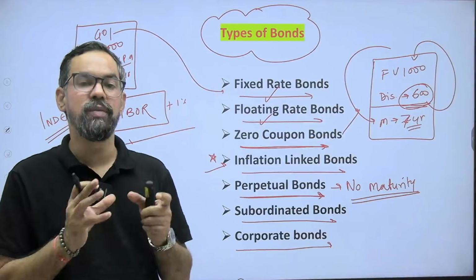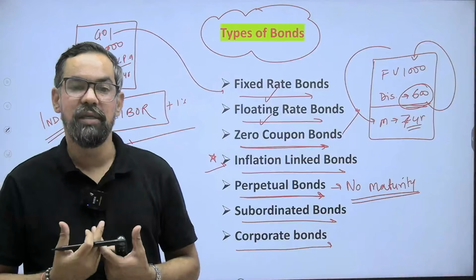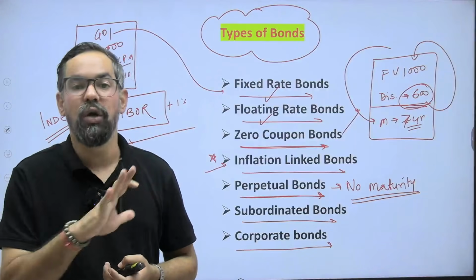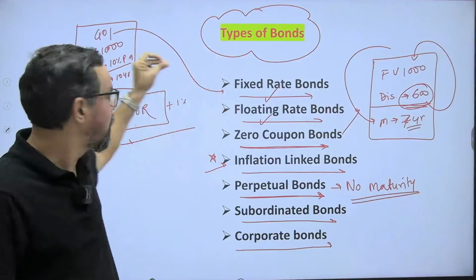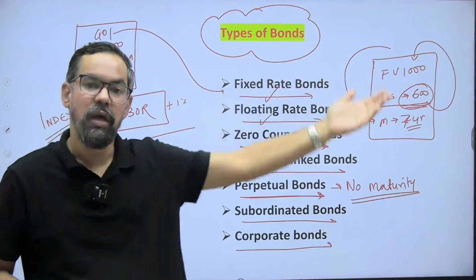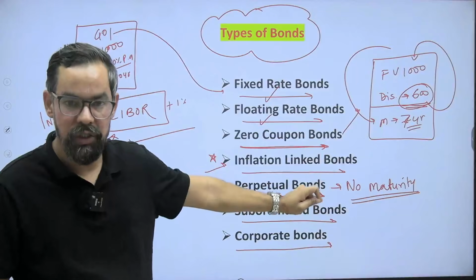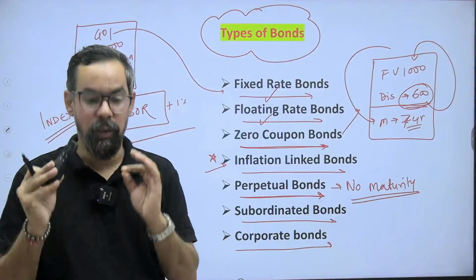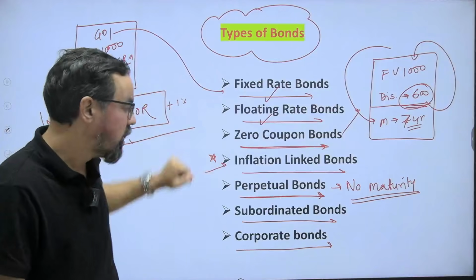But the difference between perpetual bonds and equity is, in case of equity, as an investor, we do not get any sort of fixed return. But here, the other features are of a bond. Like you will get 10% per annum return till the time the company redeems those particular bonds. But they do not have any maturity period or any clearly stated maturity on these particular ones.